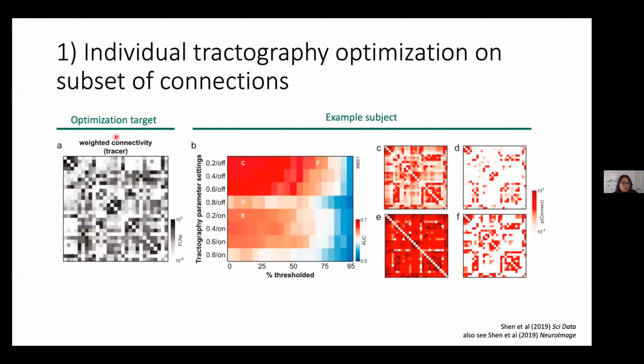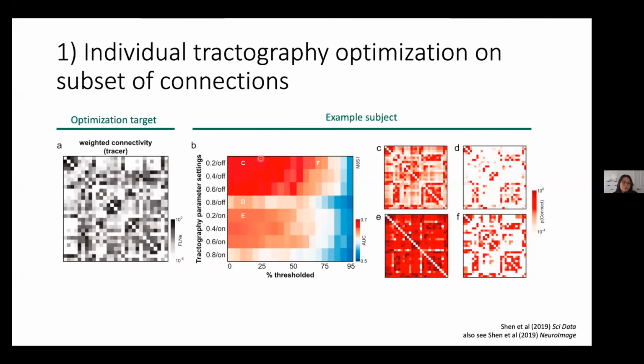And so I'm showing here, this essentially is the optimization target, that subset of 29 by 29 ROIs. And one example monkey, where we varied along the rows here the tractography parameters, and also along the columns the percentage of connections that we discarded.